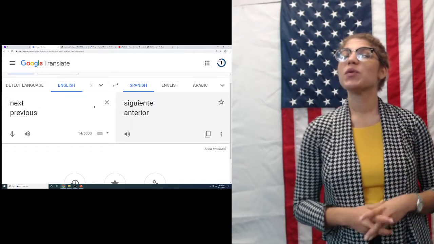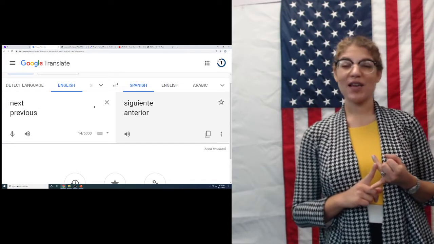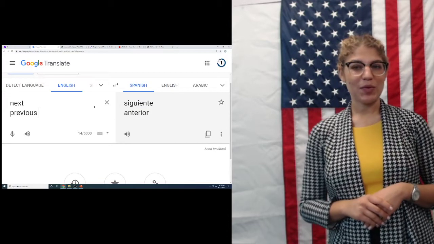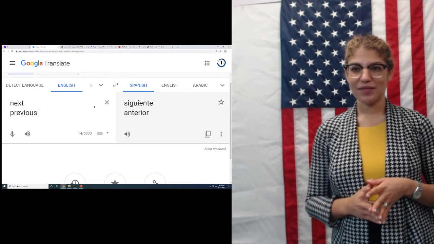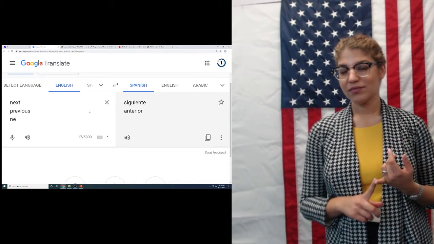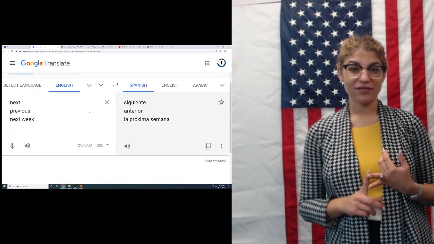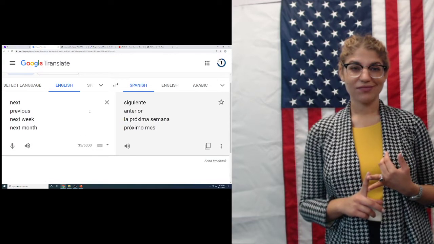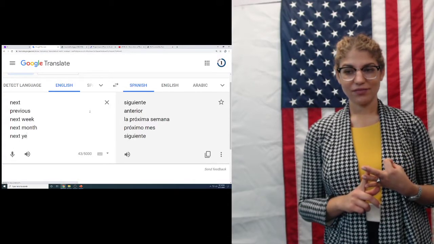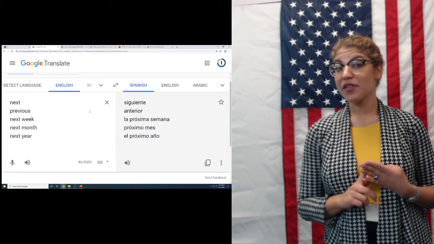When we use the word next or previous, we do not need a preposition. Here are some examples of the word next. Next week. Next month. Next year. Next Thursday.